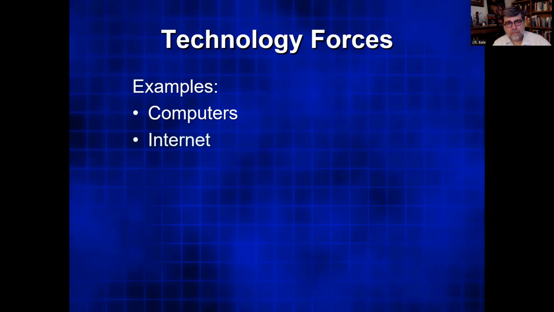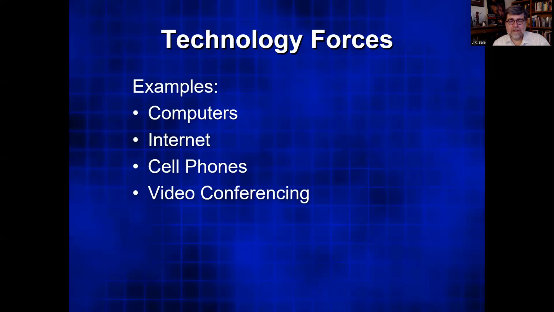The creation of the internet, but basically making it so easily available to everyone, has changed a lot in the way a lot of us work. Obviously, during the pandemic, we were able to communicate and meet remotely. Certainly, cell phones have changed. Now there's smartphones and video conferencing, which in the last few years have gotten a big boost because of the pandemic.